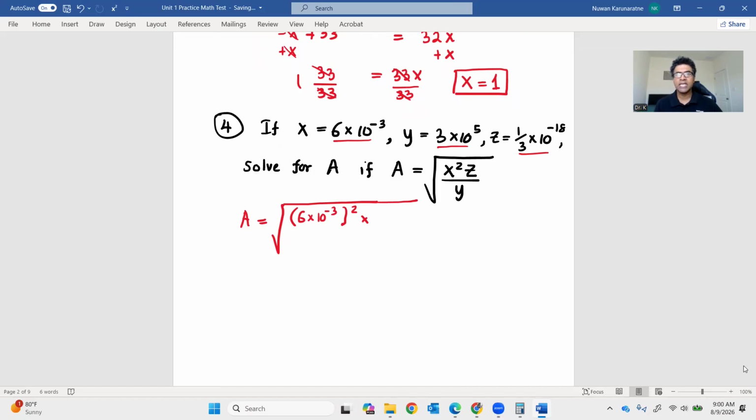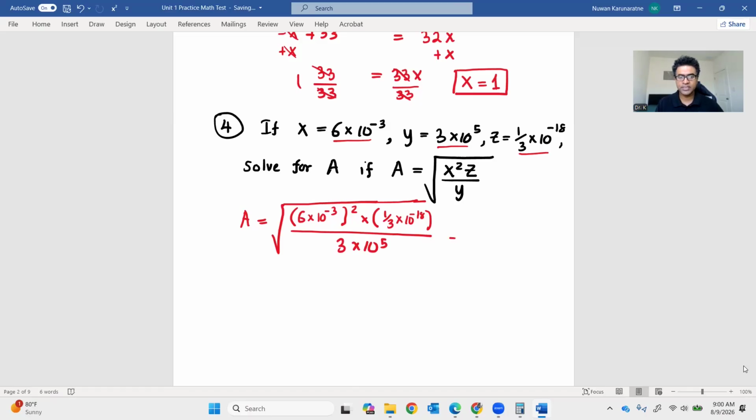It's not a big deal. Even sometimes you can put the dot. That's also fine. And then z is 1 over 3 times 10 to the power minus 18. Okay. And then the entire thing divided by y, which is 3 times 10 to the power 5.